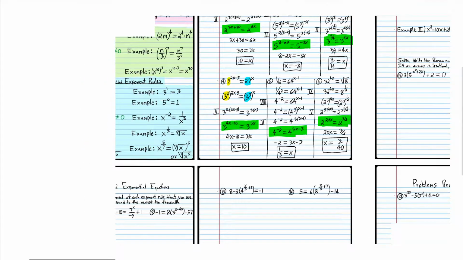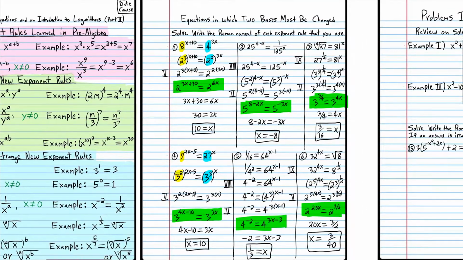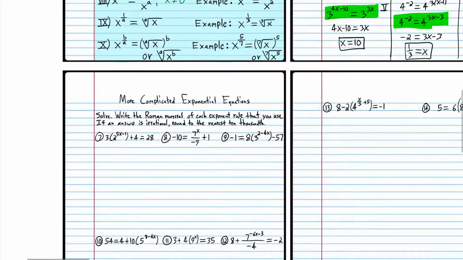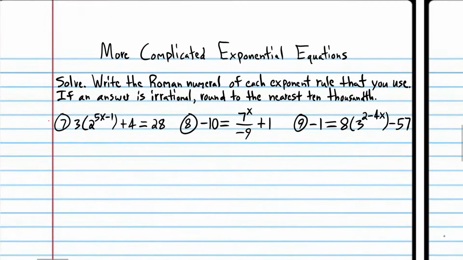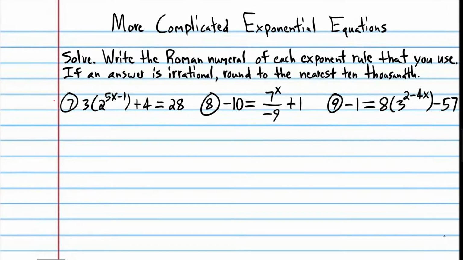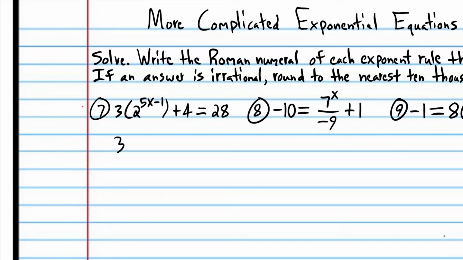Okay, let's go on to some next problems. That was equations in which 2 bases must be changed, 2 bases on either side of the equation. So at this point, we're just going to do some more complicated exponential equations, picking up where we left off in the previous class. We did these types of equations, but in the previous class, we would just see something like 3 times 2 to the x power plus 4 equals 28.